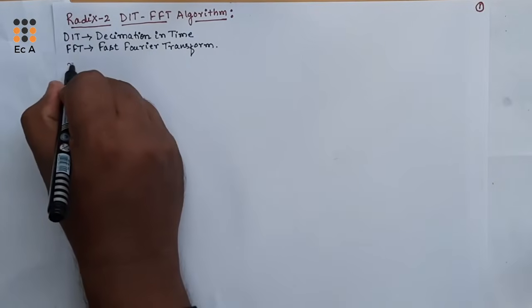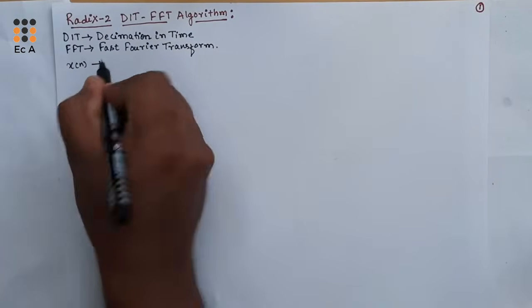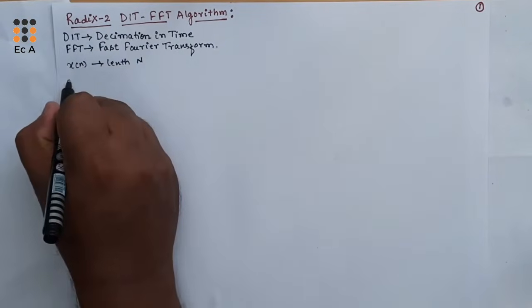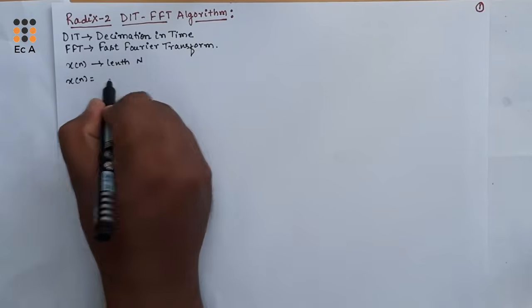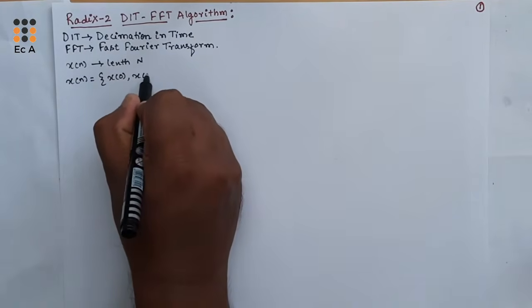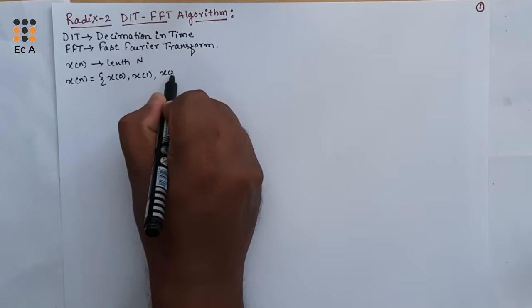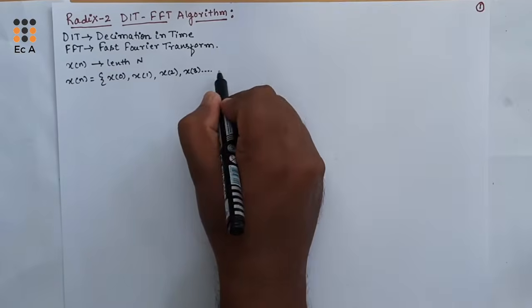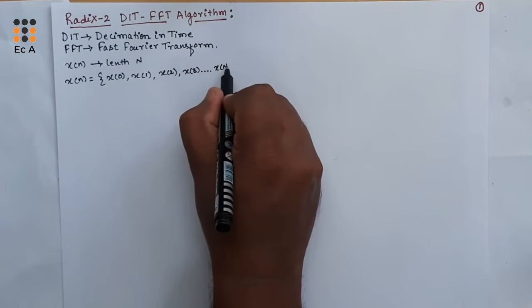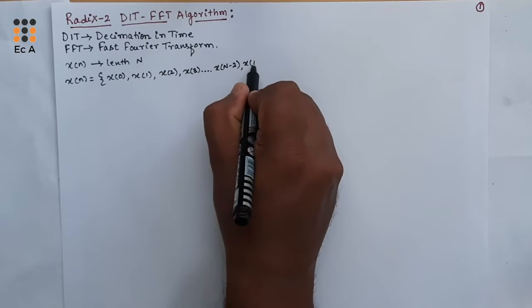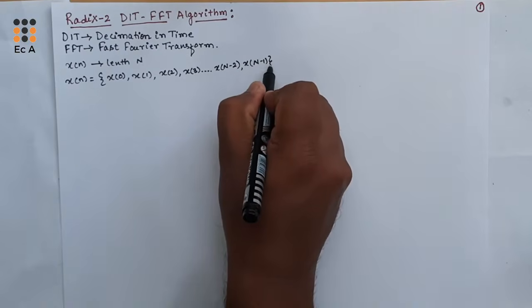Now, let us consider x of n of length N. So, we can write x of n is equal to x of 0, x of 1, x of 2, x of 3 and so on, x of N minus 2, x of N minus 1.